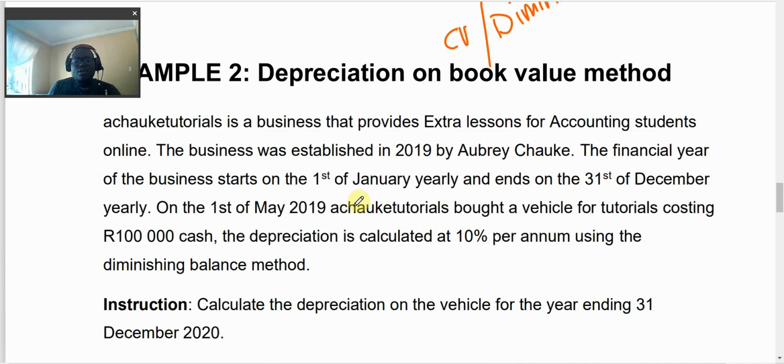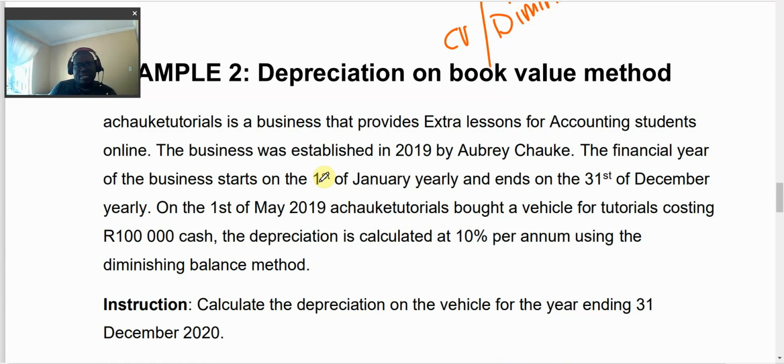They will play around this, so you need to know when exactly you are supposed to apply this method. The only difference between this one and the first method is that on the first method you only calculate on the cost, but when you use the diminishing balance method, you firstly need to identify your carrying value. You must know the cost price.